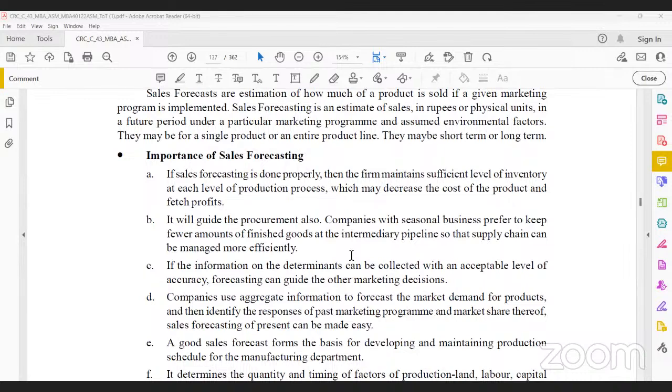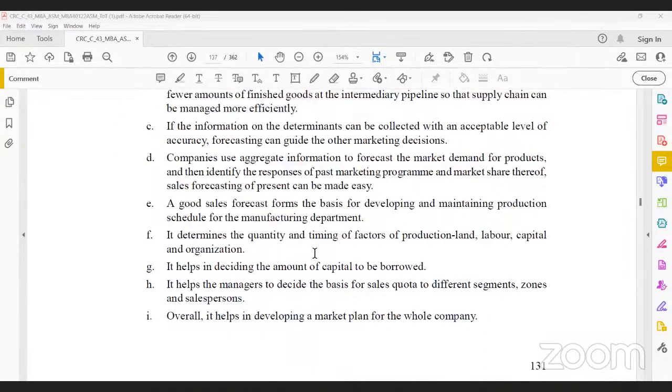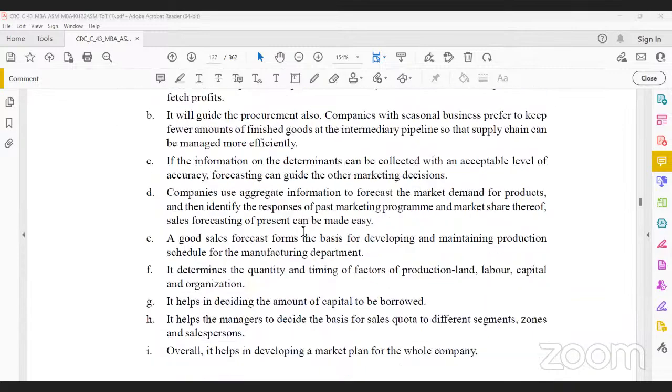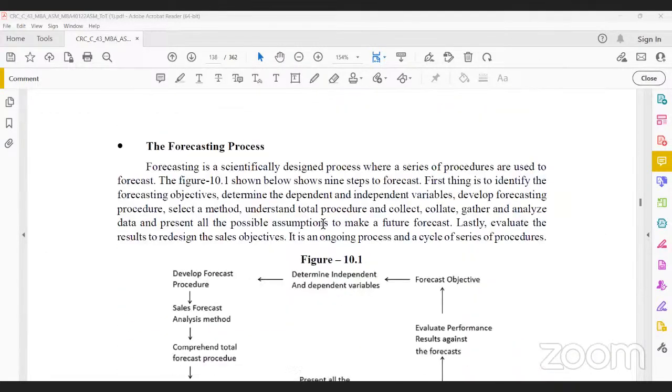Companies with seasonal business prefer to keep small amounts of finished goods in the intermediary pipeline so that the supply chain can be managed more efficiently. Overall, it helps in developing a marketing plan for the whole company. So sales forecasting is very important.